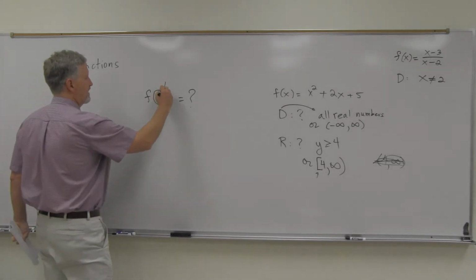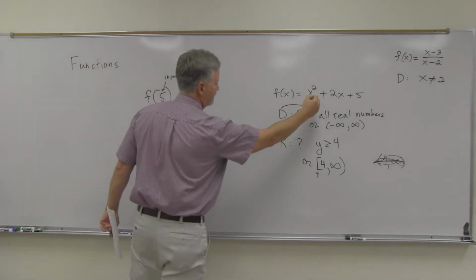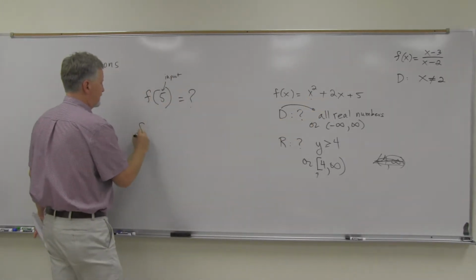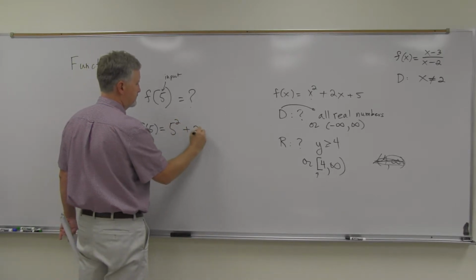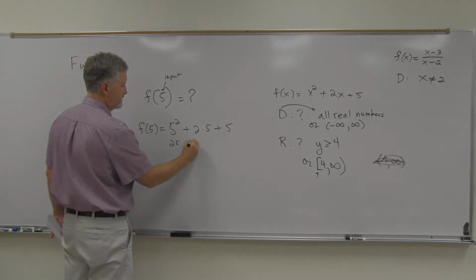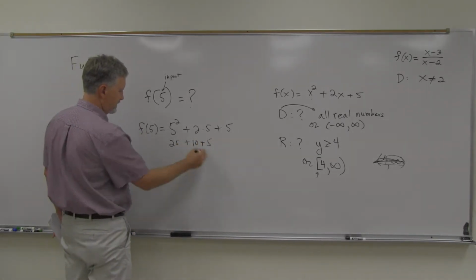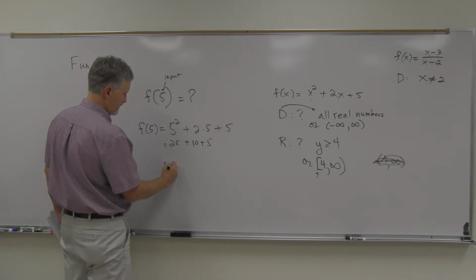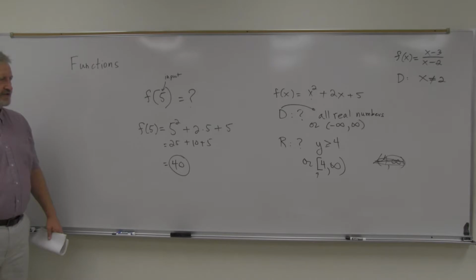And so this goes in for the x. So we input 5 into our little function there. So you got 5 squared plus 2 times 5 plus 5. So that's 25 plus 10 plus 5, which works out to 40. Yes. All right. So input is what that means for us to do.